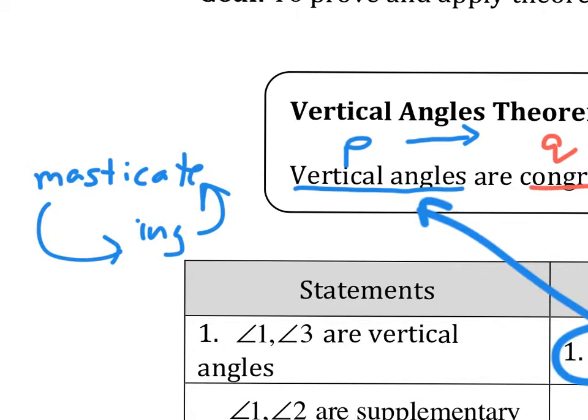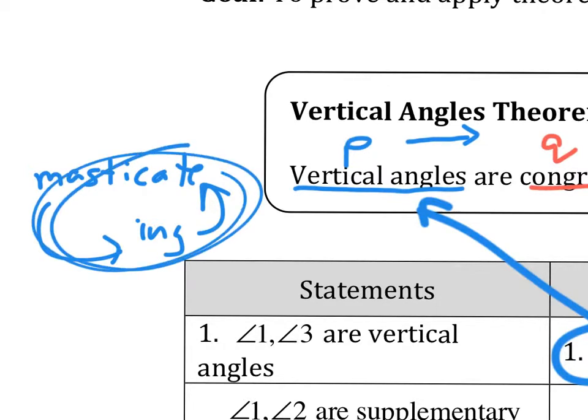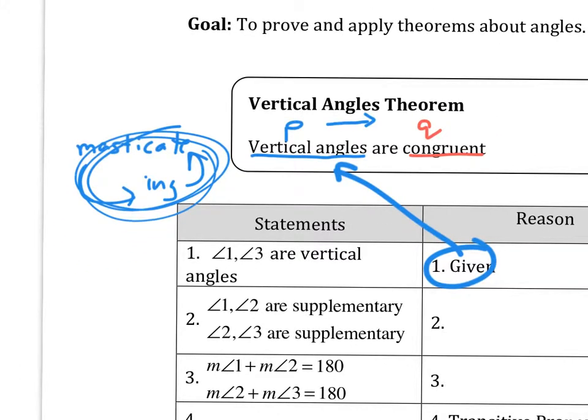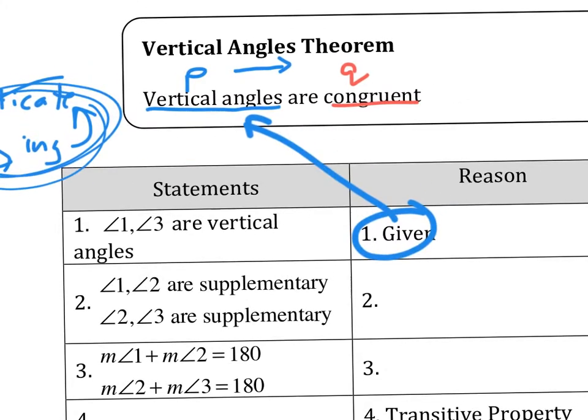It's when you masticate. So you go back and forth, back and forth. Do you ever know what the word masticate means? No, it means to chew. Just chomp, chomp, chomp, like you masticate gum, okay? So when you use the word to define the word, it doesn't help. So when you use the theorem to prove the theorem, you get nowhere. That's called circular reasoning.